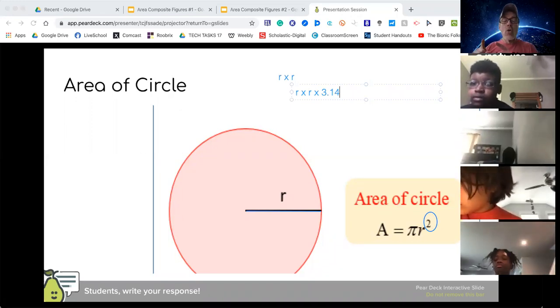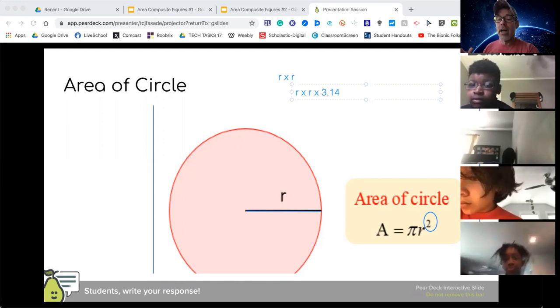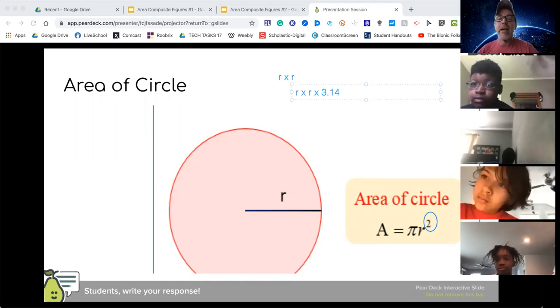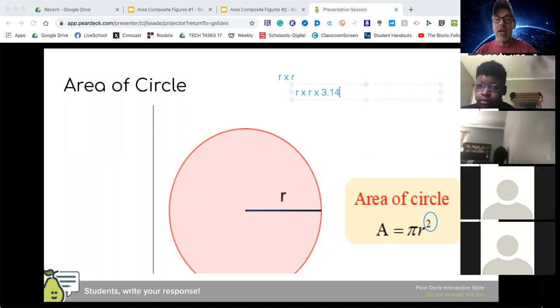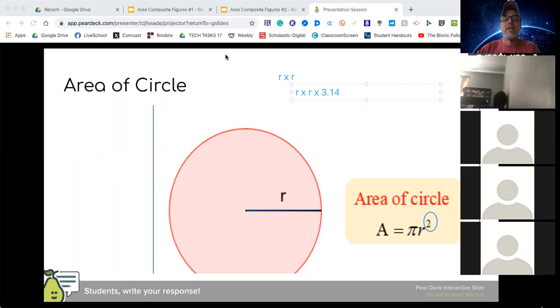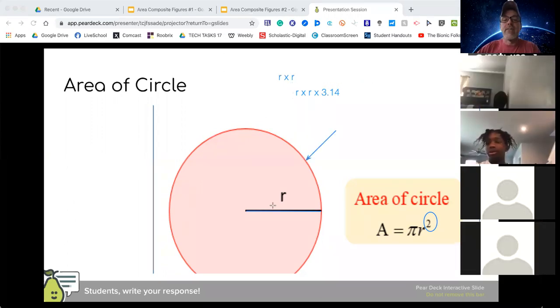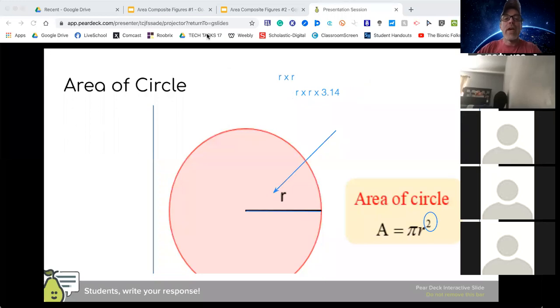So go on that calculator that I sent you and put in that the radius is 7, and then text on the Pear Deck what the answer to this area was. If I told you this radius is 7, what would the area of the entire thing be?